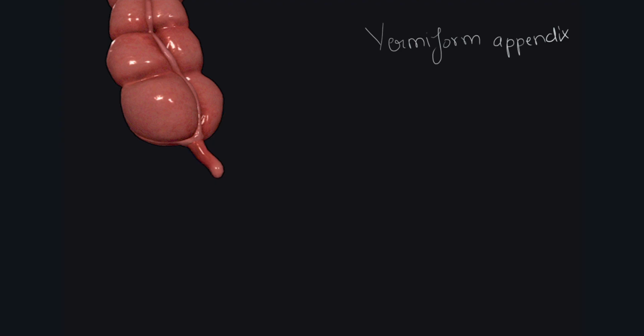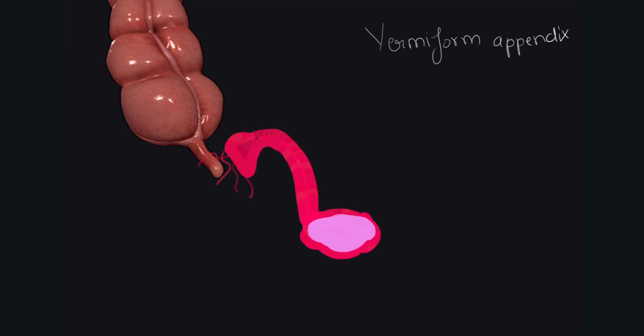The organ that is in close association with the vermiform appendix is the right uterine tube, along with the right ovary. So these are the two structures that are in close association.